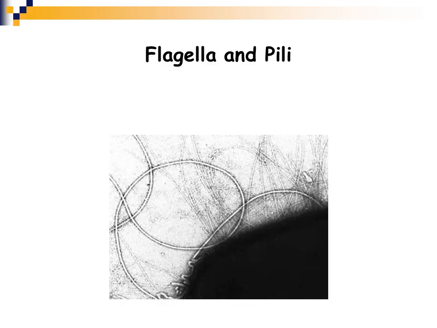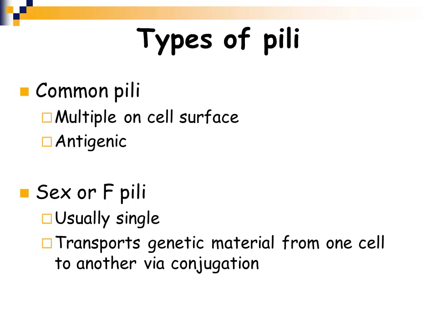This is an electron micrograph of flagella and pili. Pili are the small appendages that come out of the bacterium that allow for adhesion. Flagella are the longer appendages that come out of bacterial cells for movement and motility. We'll talk about that in a little bit. So, types of pili.